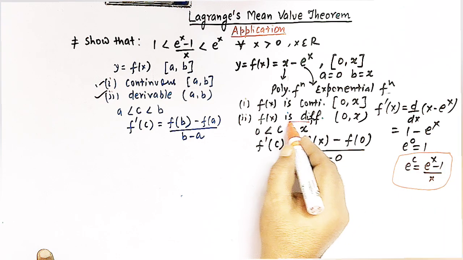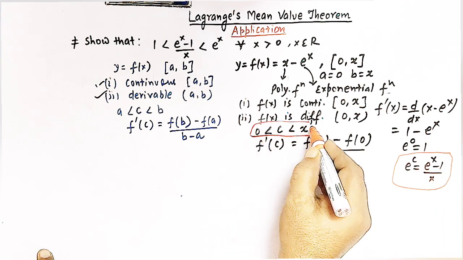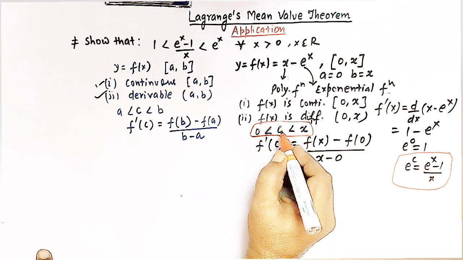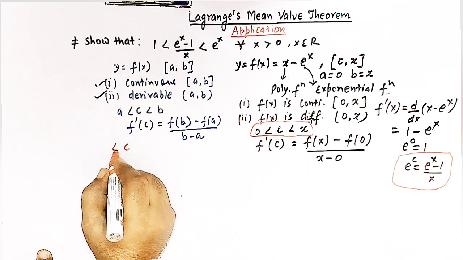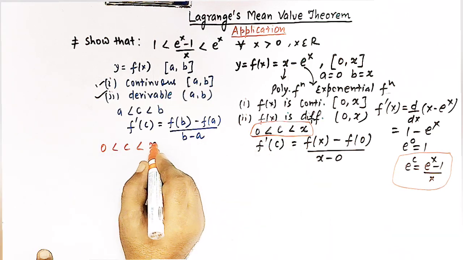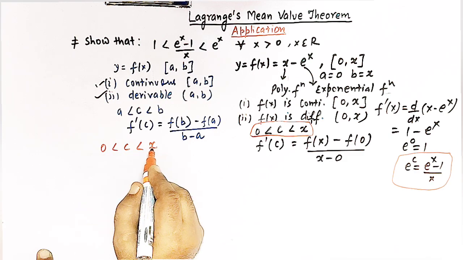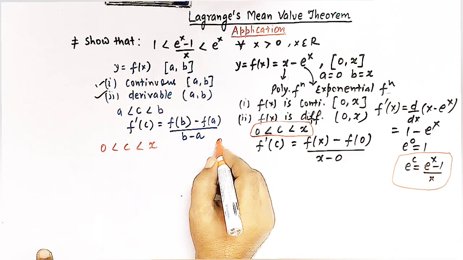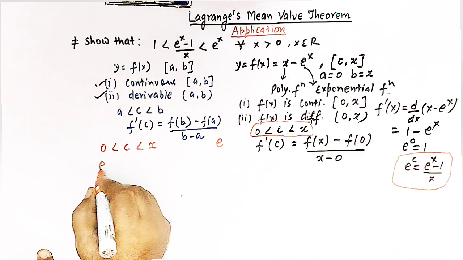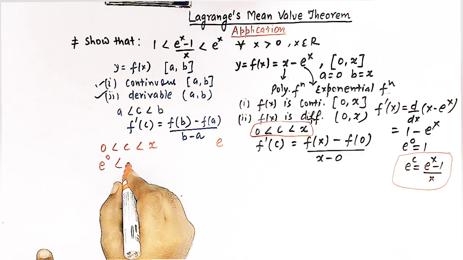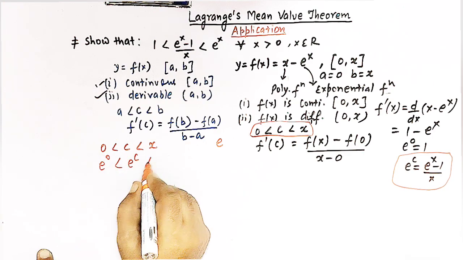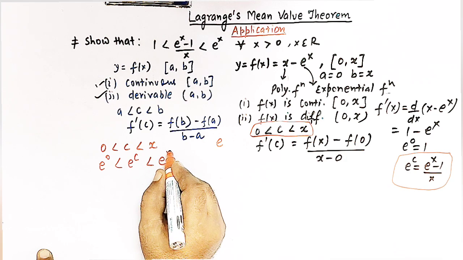Okay, now let us make use of this inequality. Now this c lies between 0 and x. Now what we will do, we'll raise these three terms to the power of e, right? So we can write e raised to 0, and here we have e raised to c, and here we have e raised to x.